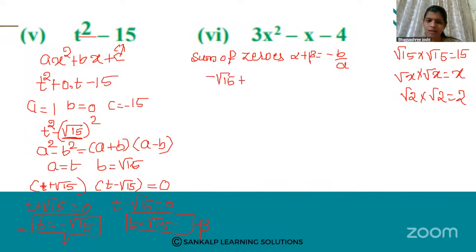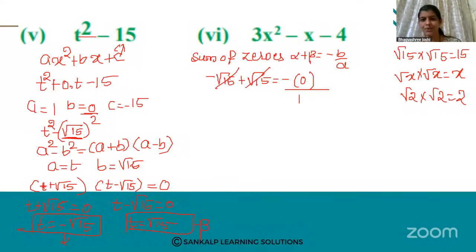Observe here, beta value is root 15. Is equal to, write minus as it is. Next, what is the value of b? b value is 0. So write 0 here, divided by a value is 1. Here minus root 15 is there. Here plus root 15 is there. So both values will get cancelled.